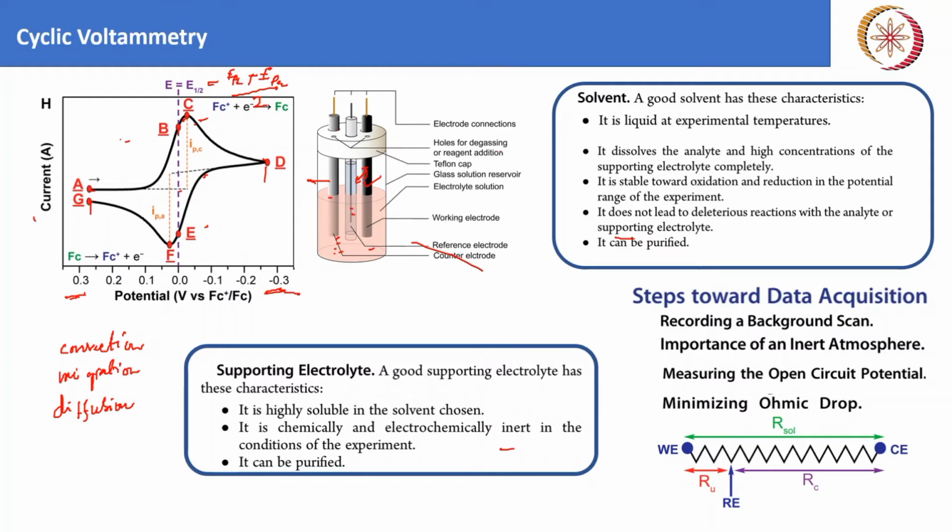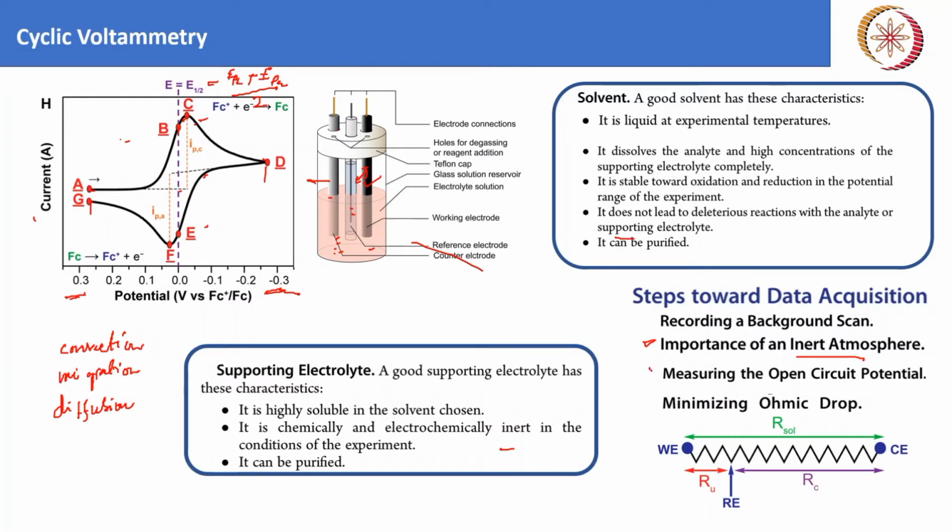If you are doing some reaction, we should do it in an inert atmosphere, because there is some dissolved oxygen or other atmospheric gases like carbon dioxide or CO, which can interfere in your reaction. So there are things we should take care of. For this we have to do any electrochemical reaction in inert condition.